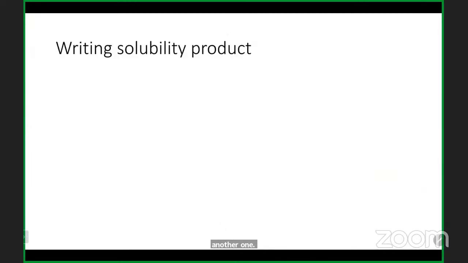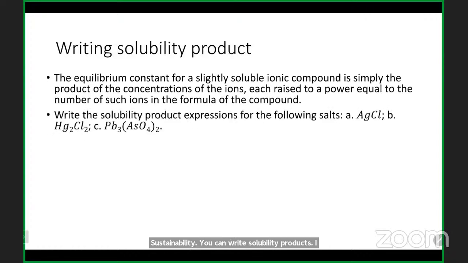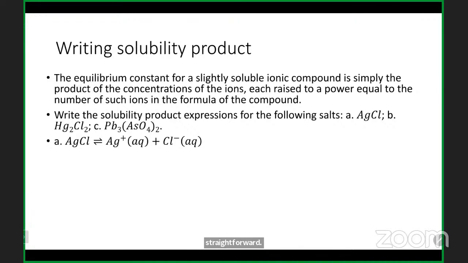You can write solubility products as given. Writing the solubility product is very straightforward. It is the equilibrium constant for a slightly soluble ionic salt, just as long as you are able to write the dissociation.